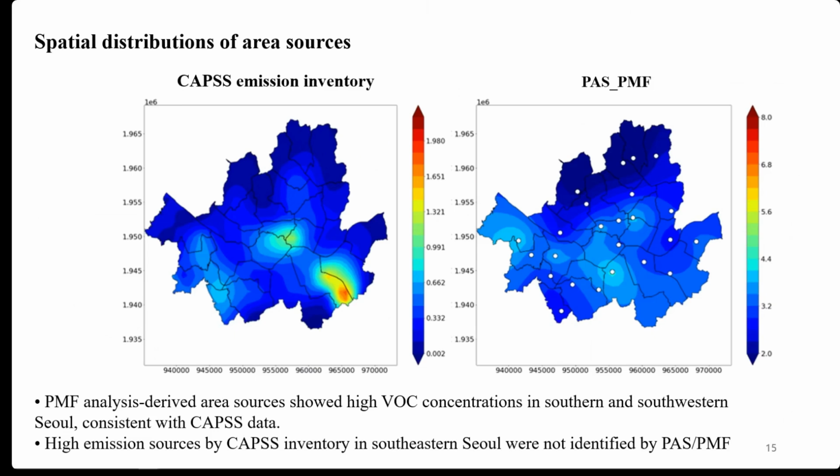However, unlike the CAPSS data, the passive samplers did not identify major emission sources in southeastern Seoul, likely because the large automobile painting shops were more than 5 kilometers away from the nearest passive sampling site. This shows the spatial limitations of passive sampling.